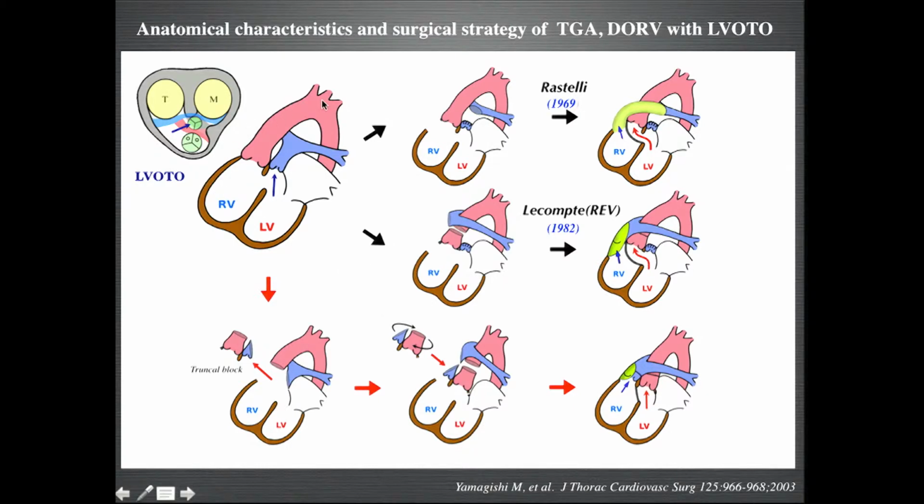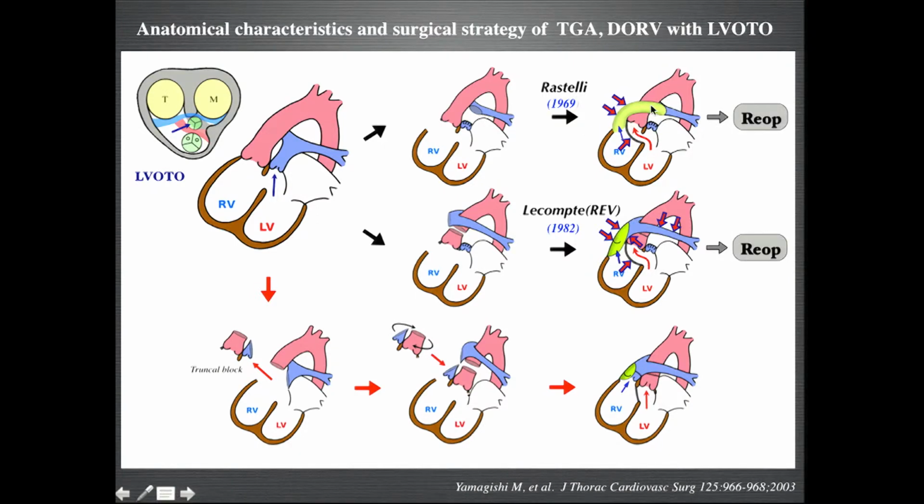And anatomical characteristics, these diagrams. If the patient has DORV combined with left ventricular outflow tract obstruction, the Rastelli procedure, the REV procedure, and then in some cases redo of the right ventricular outflow tract, and also some kinking of the left ventricular outflow tract.